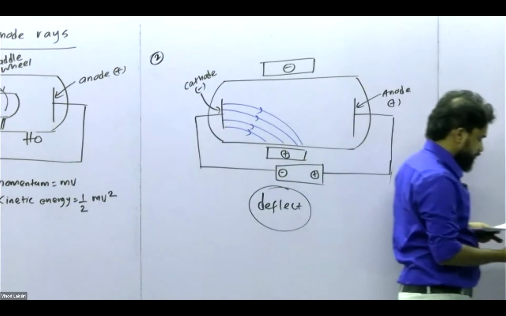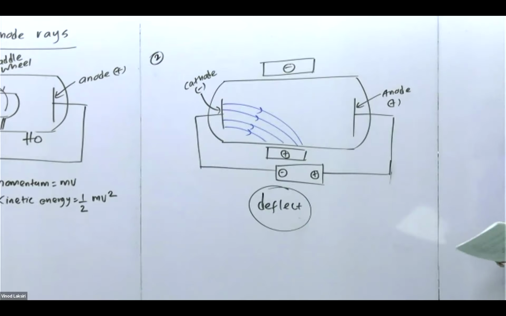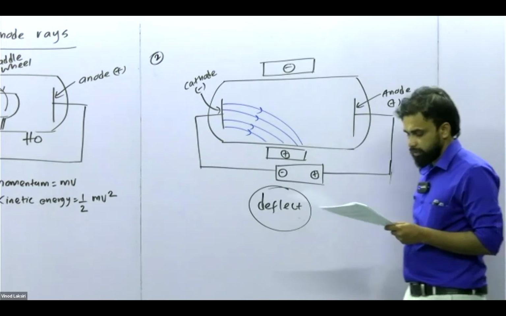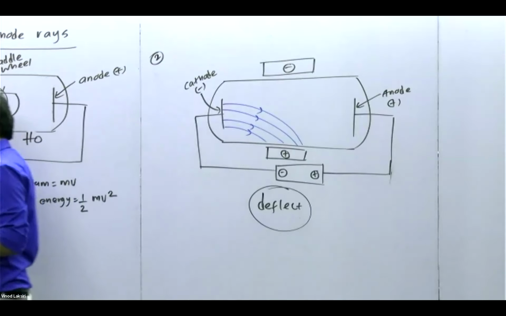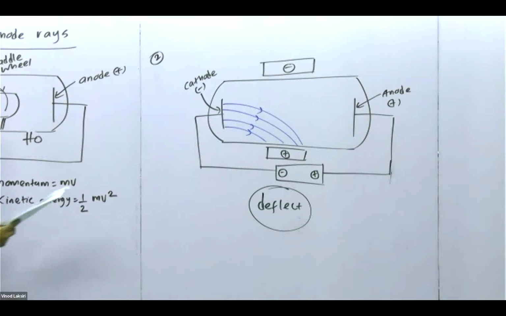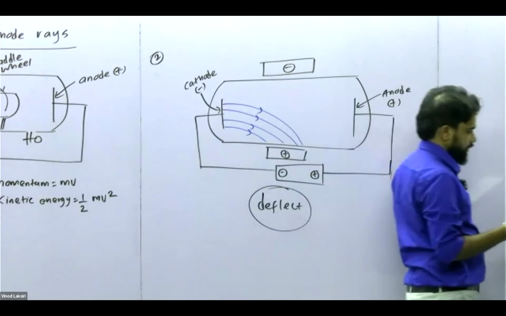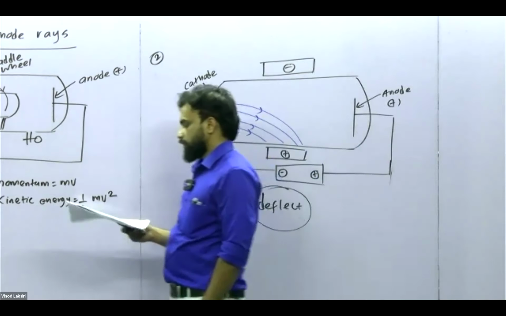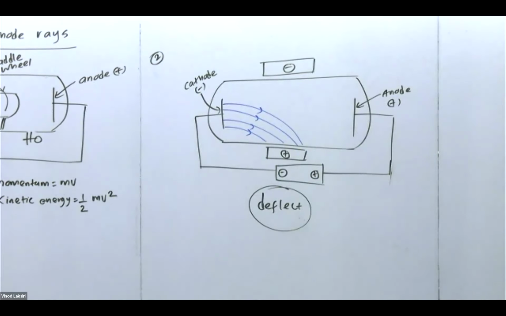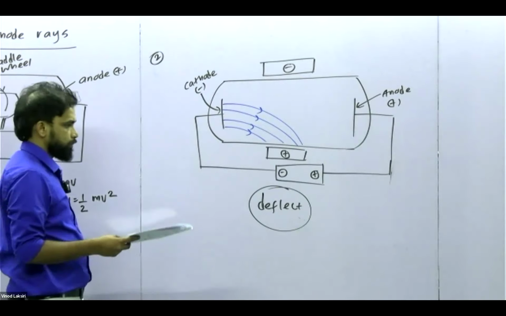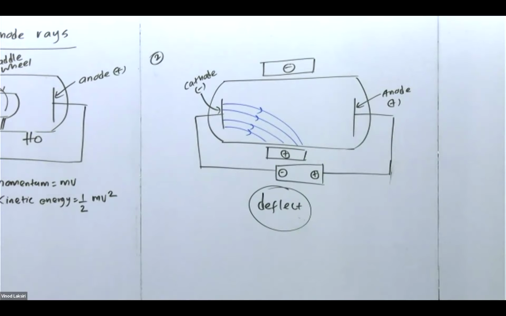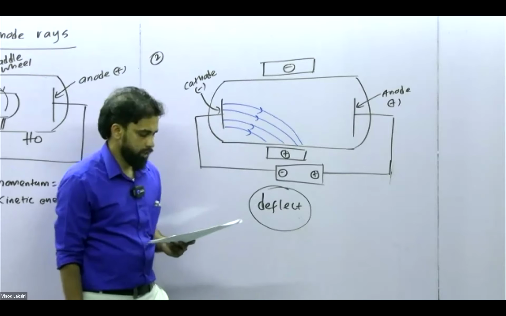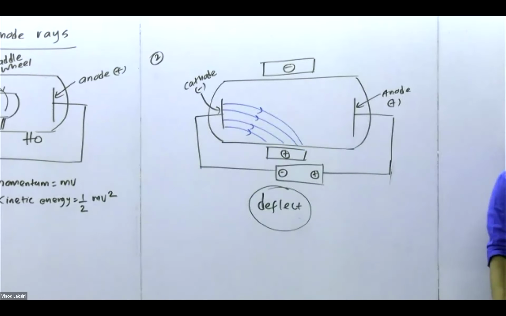Second one: when an electric field is applied in the path of cathode rays, they are deflected towards the positively charged plate.